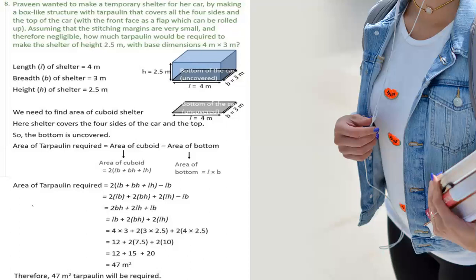That is, the bottom of the car is uncovered. So the area of the tarpaulin required is equal to area of the cuboid minus area of the bottom, since we are not covering the bottom. So that is 2 of LB plus BH plus LH minus LB. Substituting the values of L, B and H, and by solving we get 47 meters square. Therefore, 47 meters square tarpaulin cover will be required.